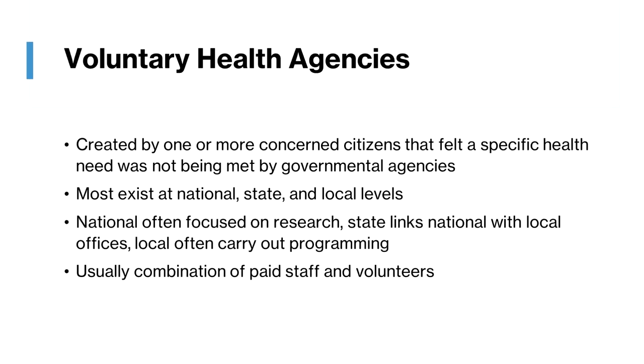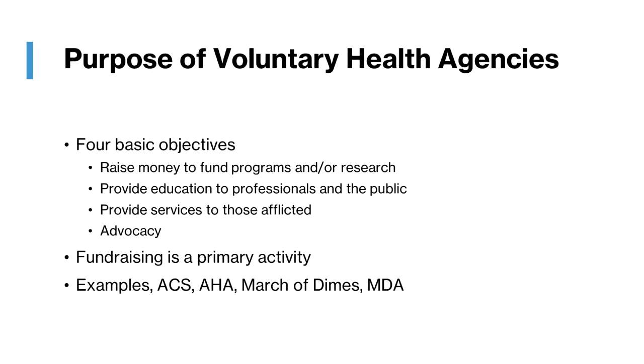Typically, if we think about national organizations, they may be focused on getting research funding for more research into a particular disease, for example. And then they may have local offices that carry out local programming. They usually have a combination of paid staff, but they also rely on the work of volunteers. They often raise money for programs of research, they provide education, they provide services, and they conduct advocacy.